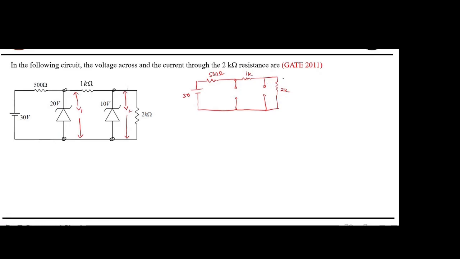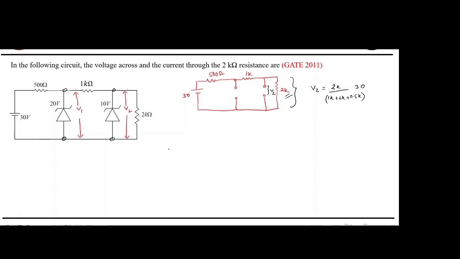Now, can someone tell me this voltage? This voltage is nothing but the voltage across the 2K, right? This is the last question, after this we will end. So can I write V2 is equal to 2K divided by 1K plus 2K plus 0.5K, into 30?